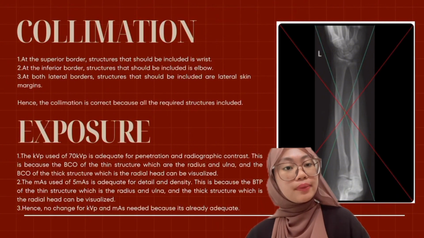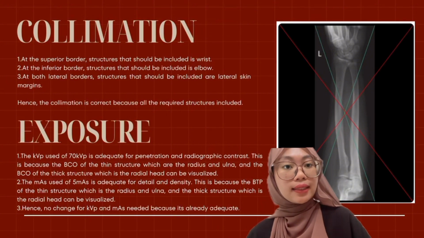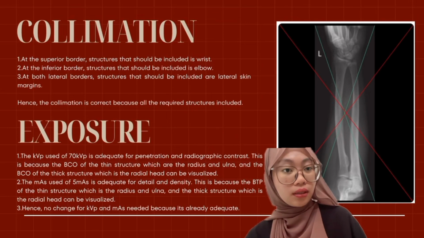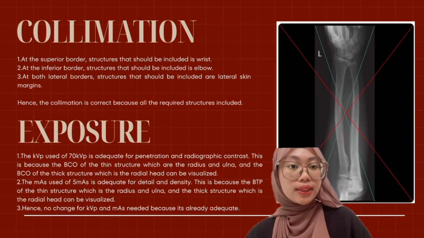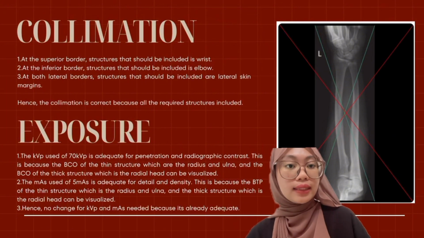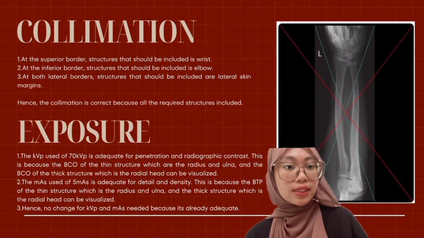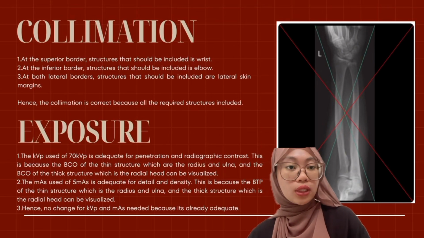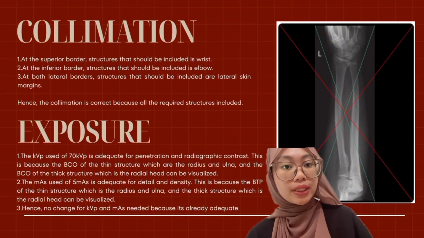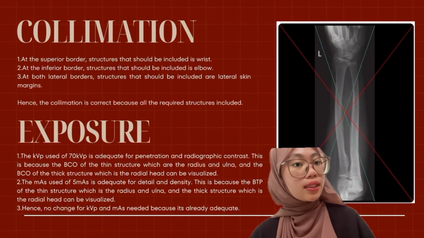And the milliampere second is also adequate for the detail and density. This is because the bony trabecular pattern of the thin structures, the radius and ulna, and the thick structure, the radial head, is visualized on the image. So there are no changes needed for the kilovoltage power and the milliampere second because they are already adequate to produce a clear image.